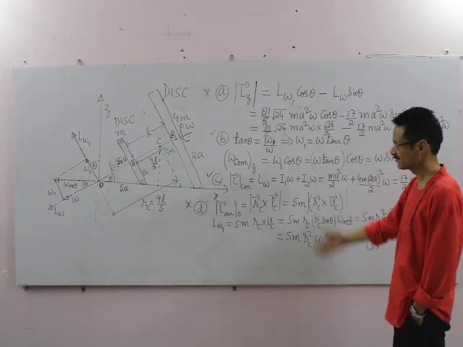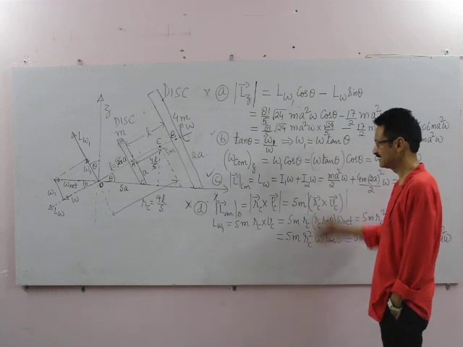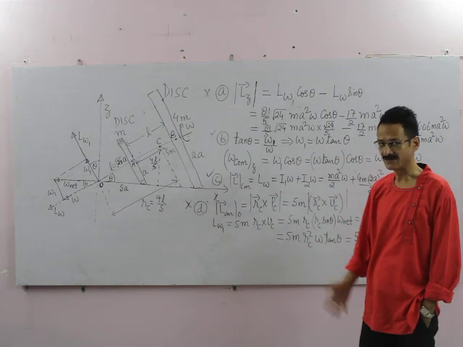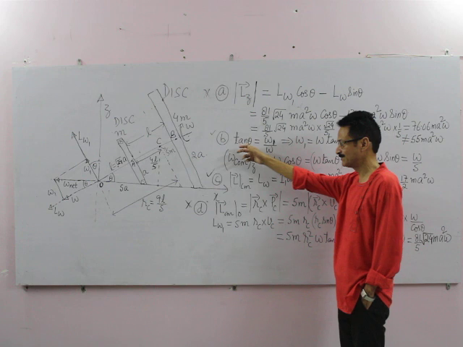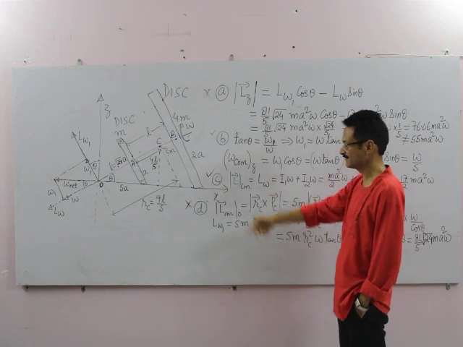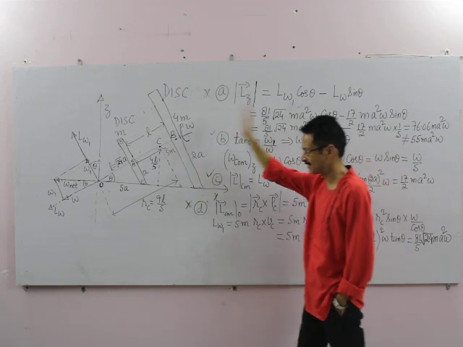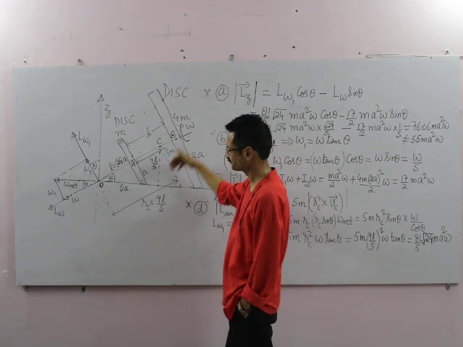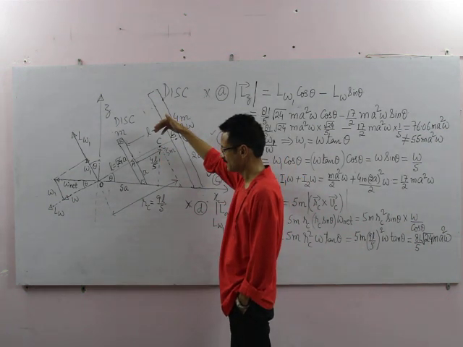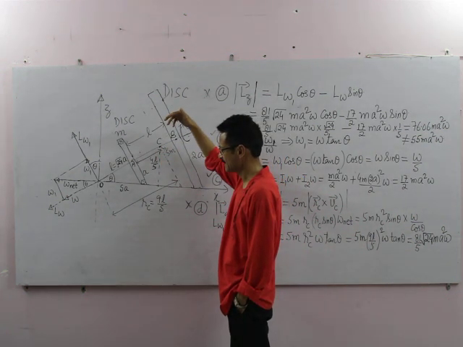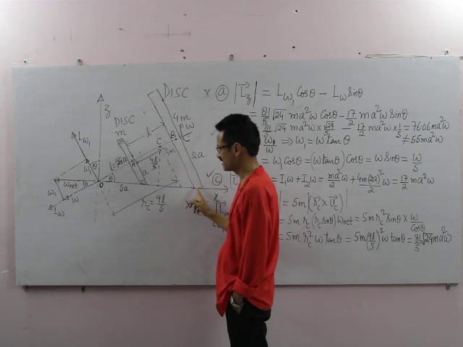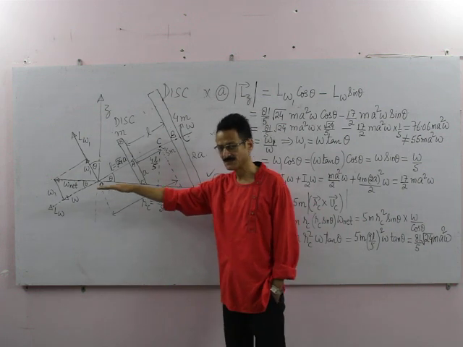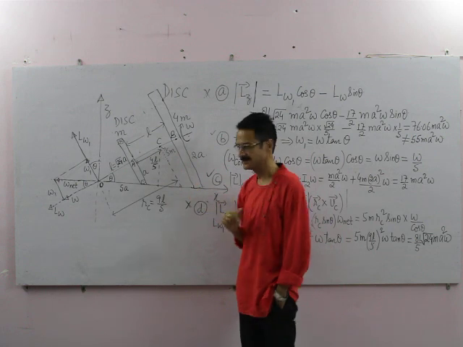So I have already solved the problem. So I'll just analyze and discuss the problem to save time. So let us see the situation here. Because it is given that these 2 points are not slipping over the surface, these 2 points are at rest.